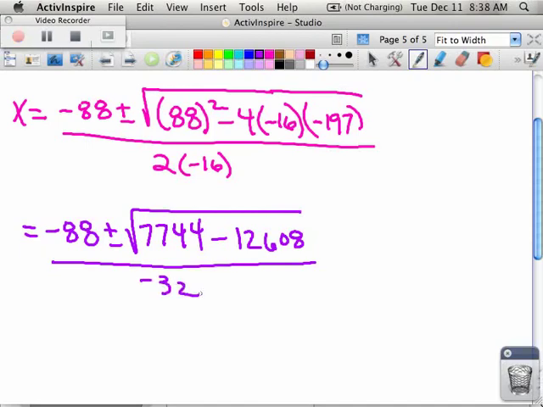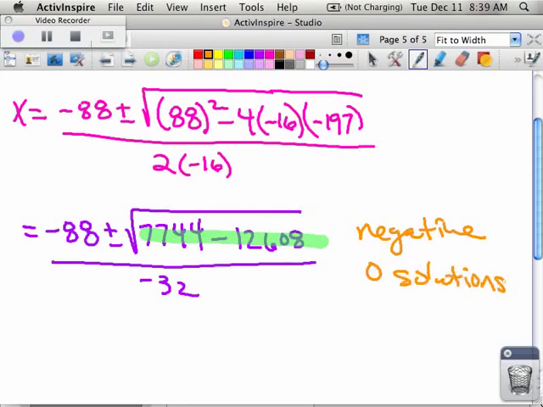And what I want you to notice is what happens with the discriminant. What do you notice about the discriminant? It's negative. When the discriminant's negative, that means there are 0 solutions.